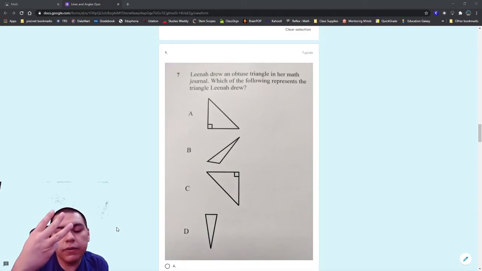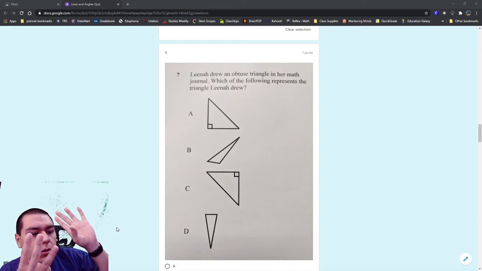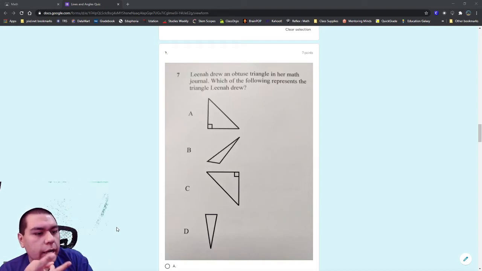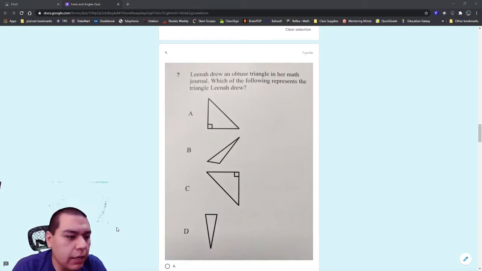Remember, we talked about 3 different kinds of angles. We talked about obtuse angles, right angles, and acute angles. What's the kind where one side is sticking out?